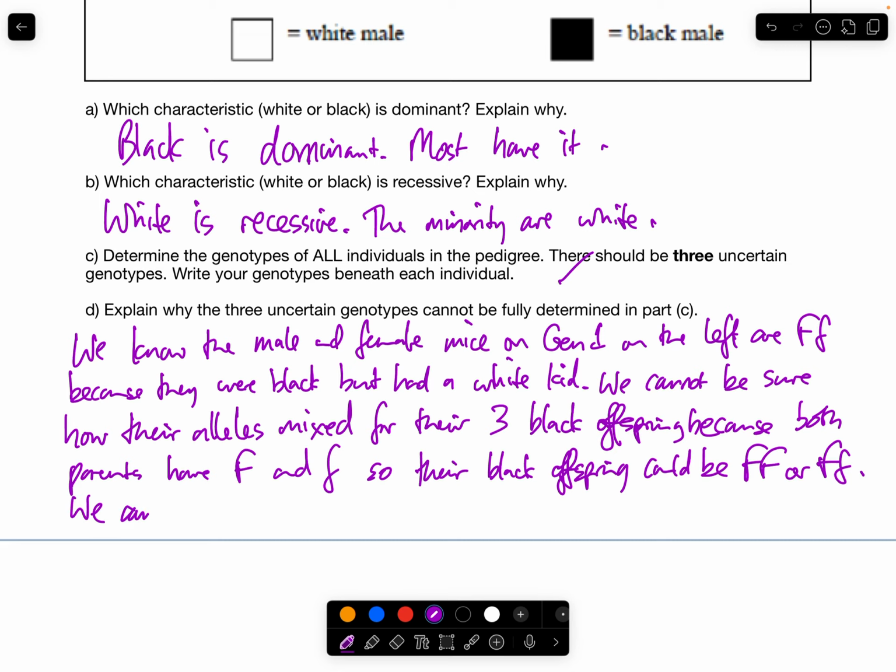We cannot be sure until those offspring have white children themselves.